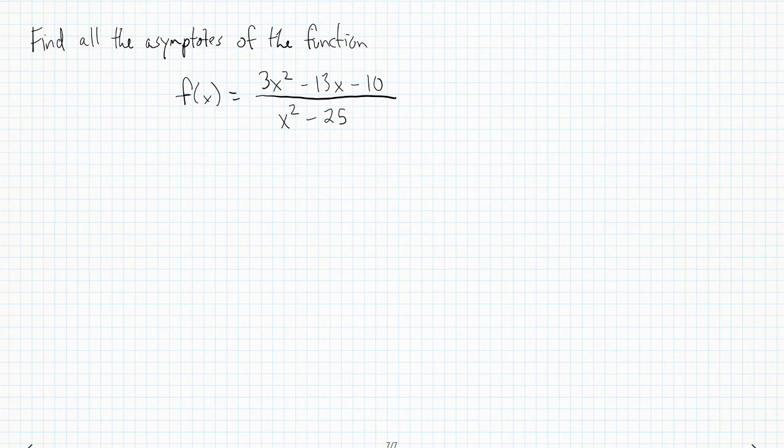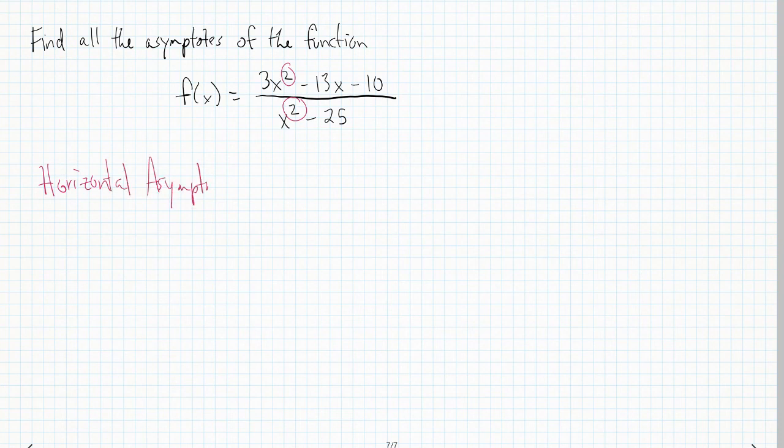So the horizontal is really easy. You check the degrees. Degrees are the same, so that means you just look at the leading coefficients out in front. So the horizontal asymptote occurs at y equals, we take the leading coefficient, which is 3, and the leading coefficient down below, which is 1, when the degrees are the same.